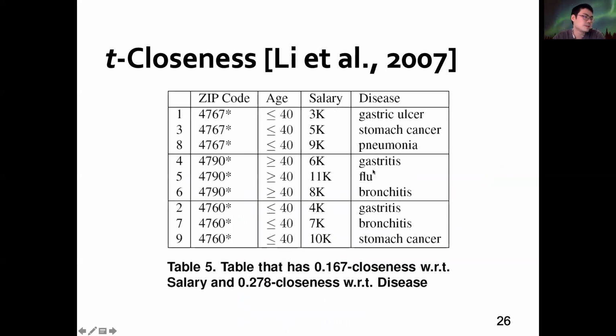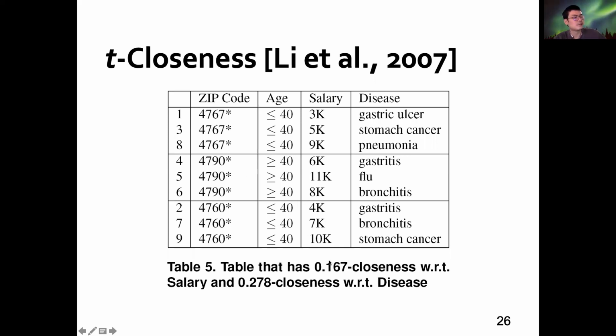Here is the result of closeness. You anonymize data with 9 rows, and finally you get a result like this table. If you compute the Earth mover metric, the T, because we want the distance from the background table, each group should not be too different.